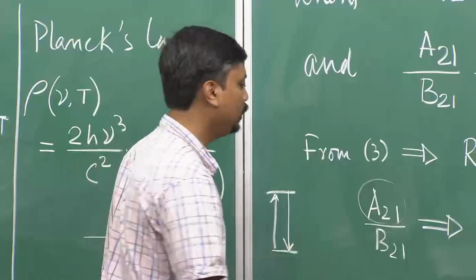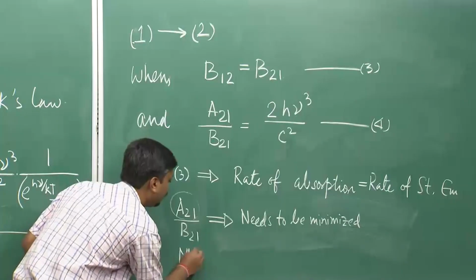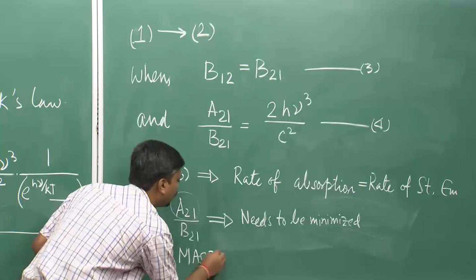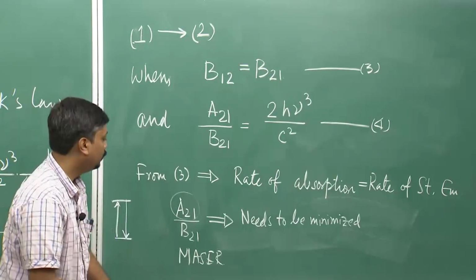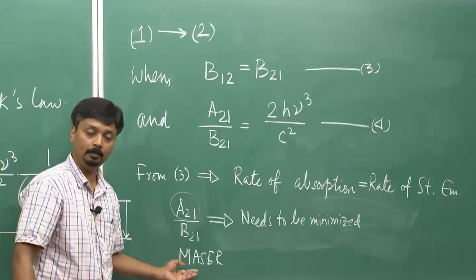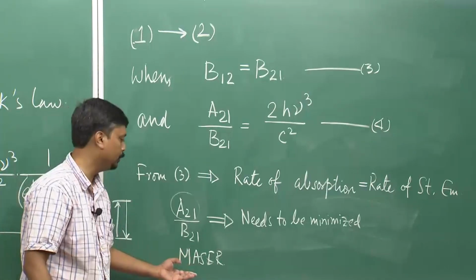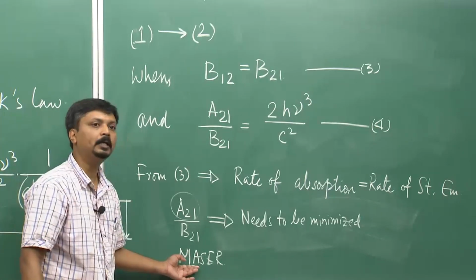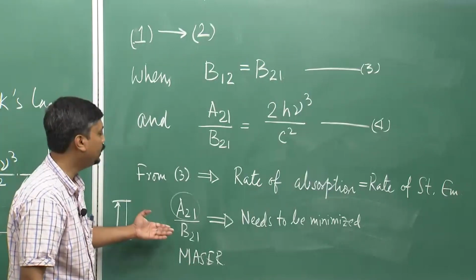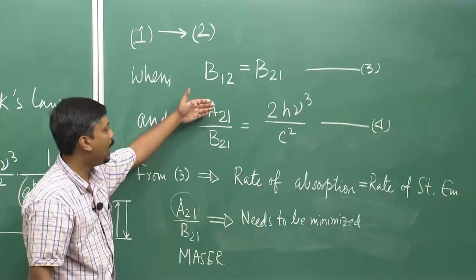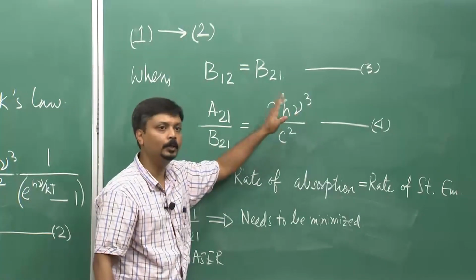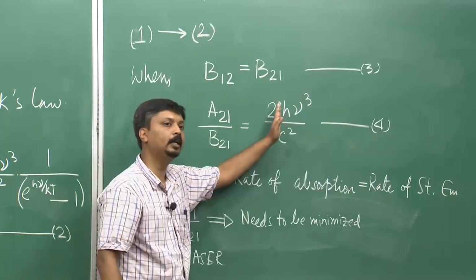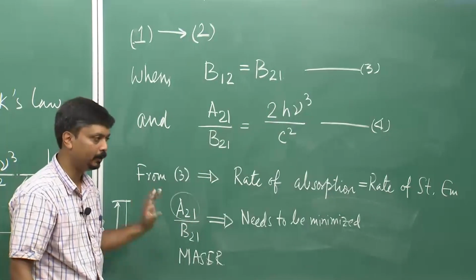So, maser was already there. Laser, or optical maser, the term that people used at that time, came much later, because it is not easy to handle this ratio as you increase this one, correct. So, what I said in the first class is now well explained.